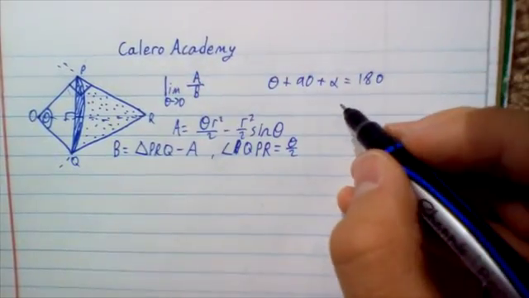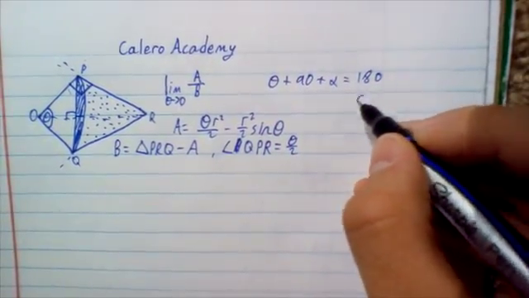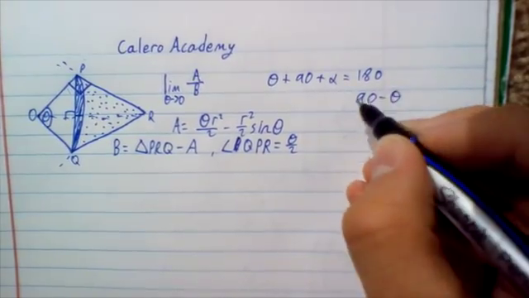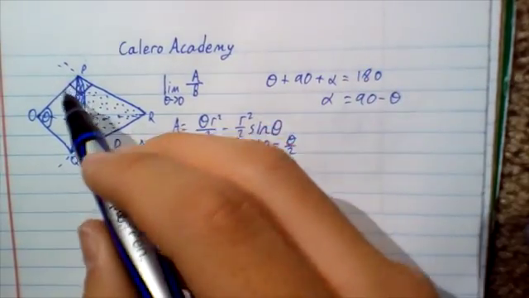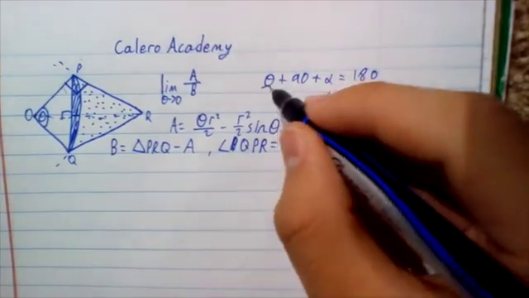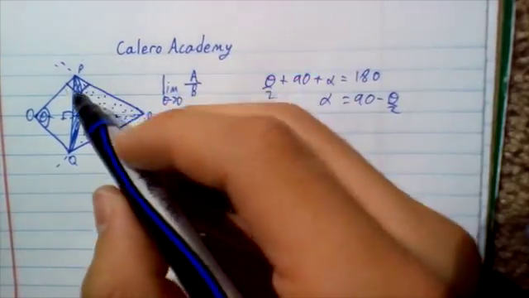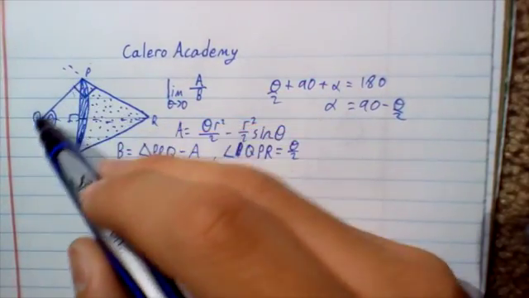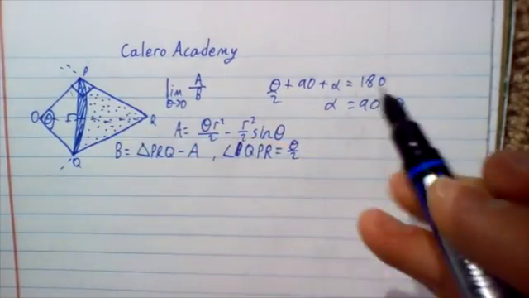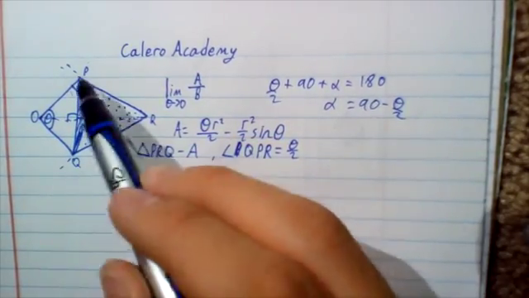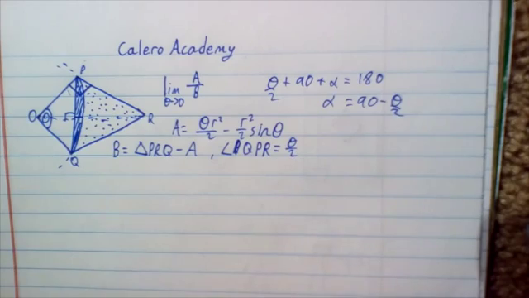Therefore, that mystery angle is equal to 90 minus theta, and 90 minus theta over 2 is the angle. And therefore, since OPR is 90 degrees, QPR must be theta on 2. I won't do too much of working out that tedious stuff.